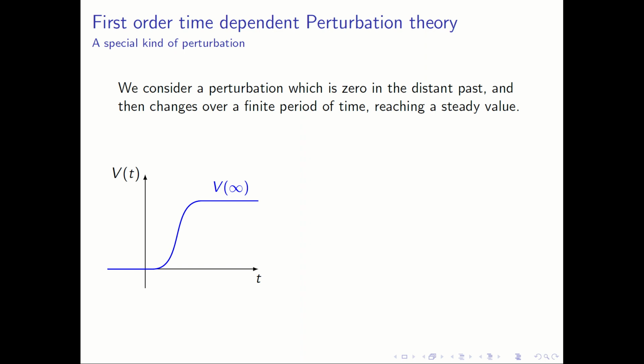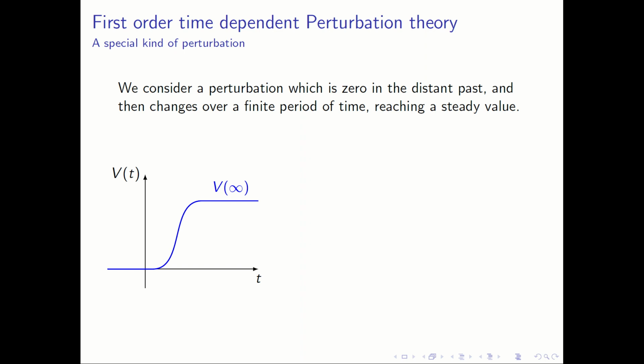So basically what we are talking about here is a system which had a time independent Hamiltonian in the distant past and a time independent Hamiltonian in the distant future, but two different Hamiltonians, and V of t is essentially what makes one Hamiltonian change into another, but this transition happens over some finite period of time, so that if you're looking at this system at the distant past or at the distant future, the system behaves as if it has a time independent Hamiltonian.